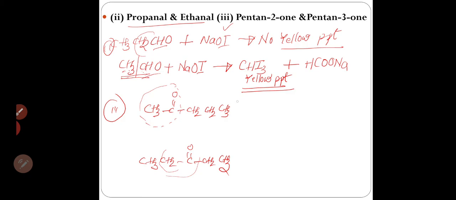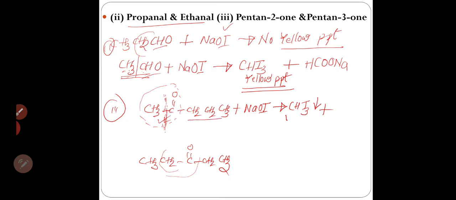Now when you do the hypohalite test, the iodoform test, this one will give a positive result because it has the acetyl group. One carbon, the methyl of this group, will be removed as CHI3, which will precipitate.